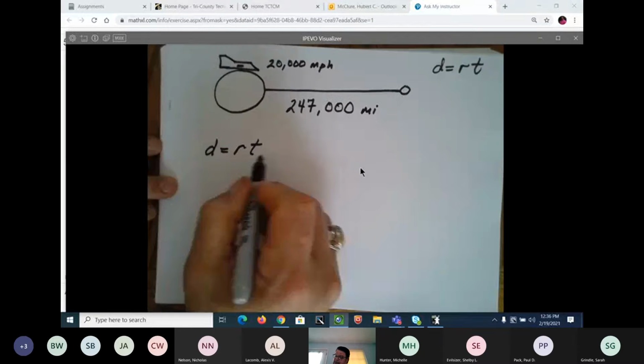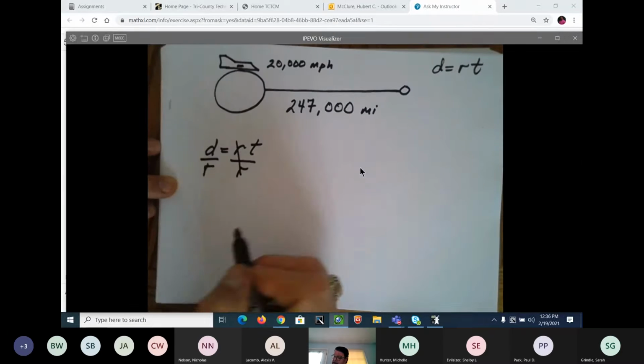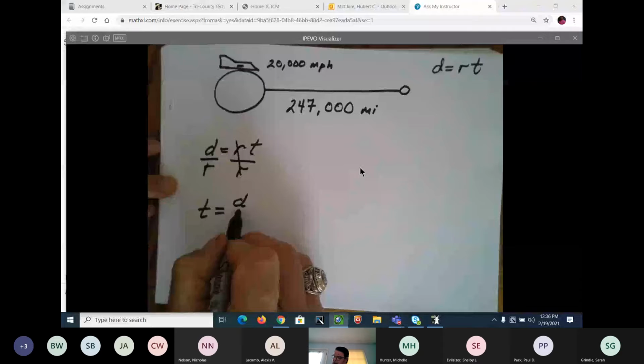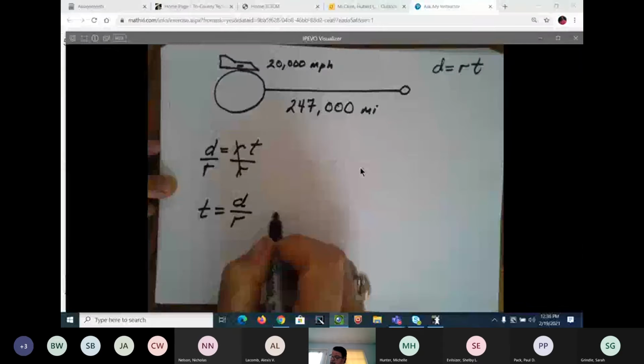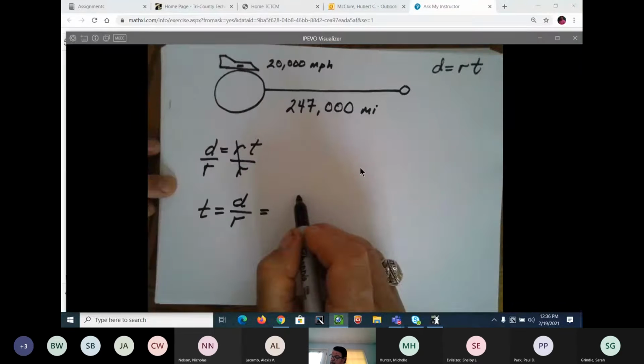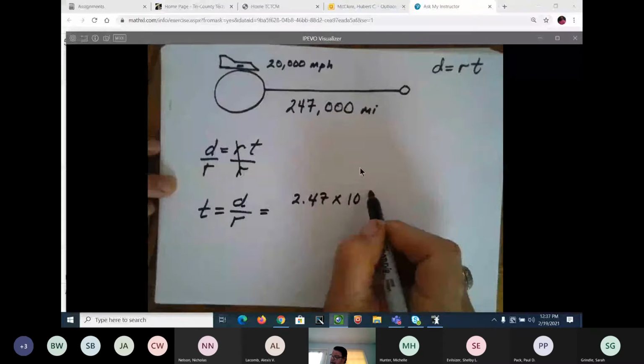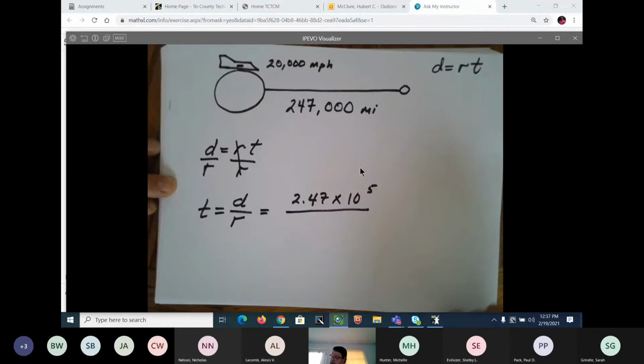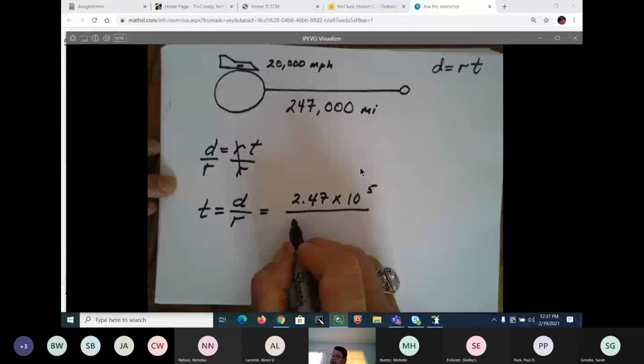I want t by itself, so I'm going to divide by r on both sides. So t is equal to d over r, which is equal to 2.47 times 10 to the 5th divided by the rate, which is 2.0 times 10 to the 4th.